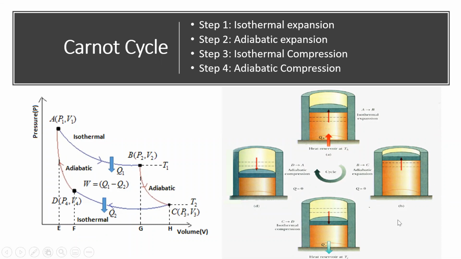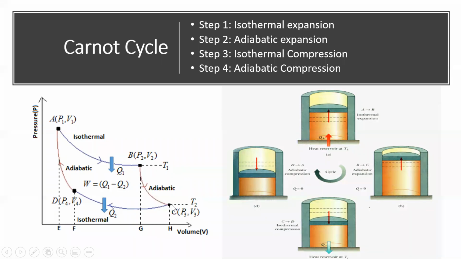Now when it is kept on the insulating pad, there is no source of heat, so no heat enters the system, but the gas is still expanding and doing work. Since there is no exchange of heat, it is an adiabatic expansion. It goes from B to C as shown in the graph.